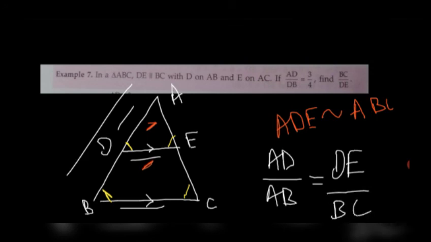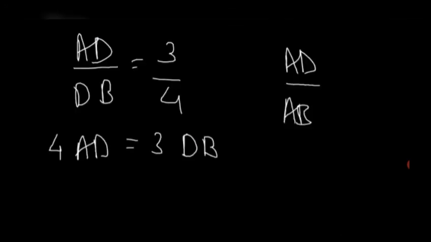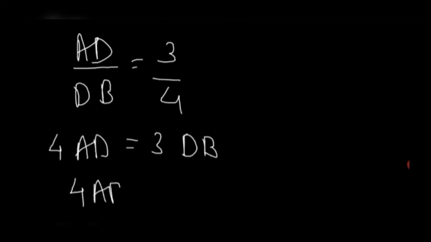So I'll just reverse it. Let's not do it like this. See this. Now we can write 4AD as nothing but 3 into BD.